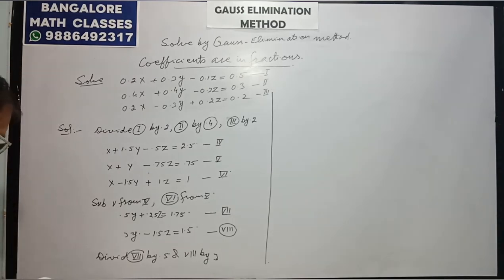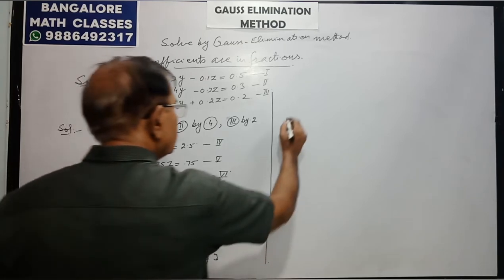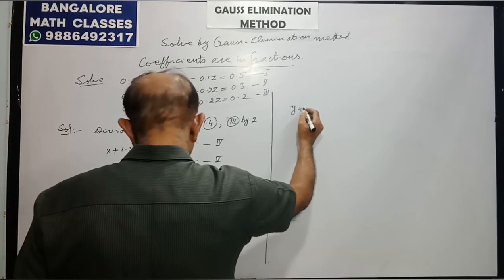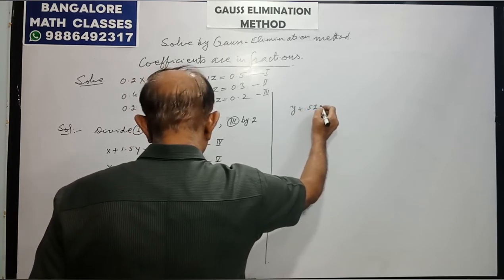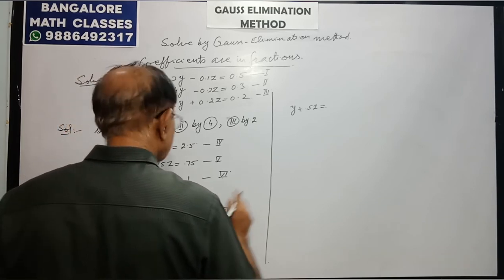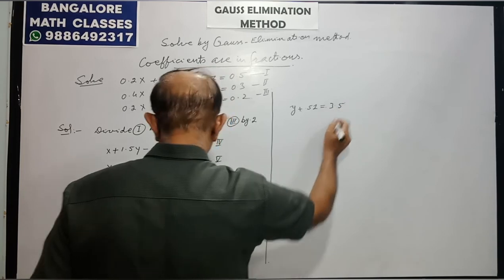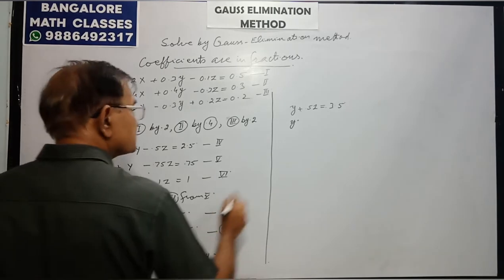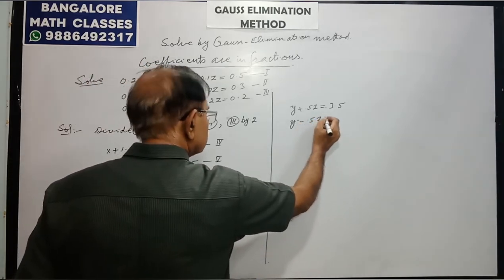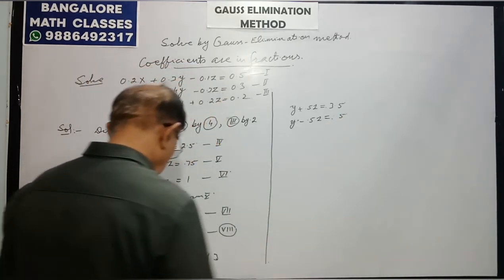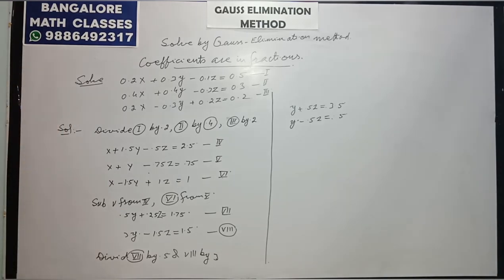So by dividing we will get y plus 0.5z equals 3.5, and y minus 0.5z equals 0.5.